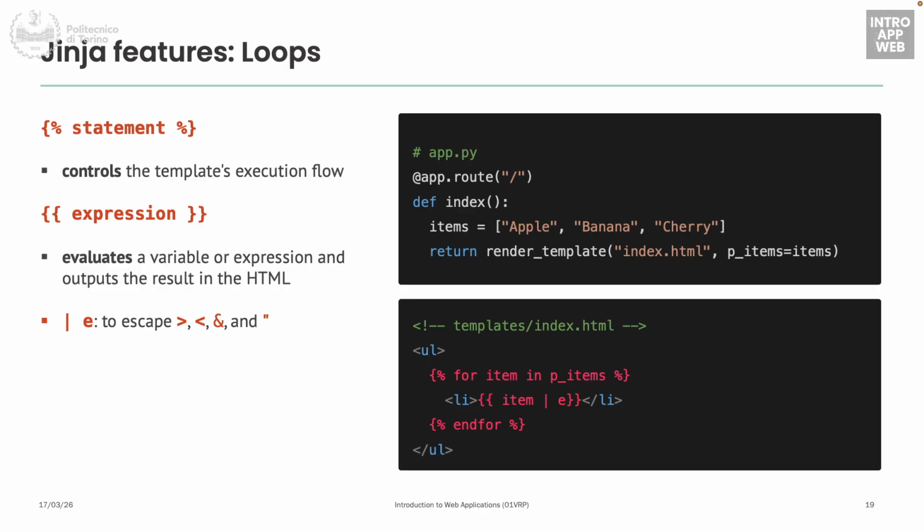Like embedding some code there. And, well, as you can infer, for each item that I have received in these items, in this parameter that was passed to me, I want to print a list HTML element in which I want to show the item, okay? And then I end the for.